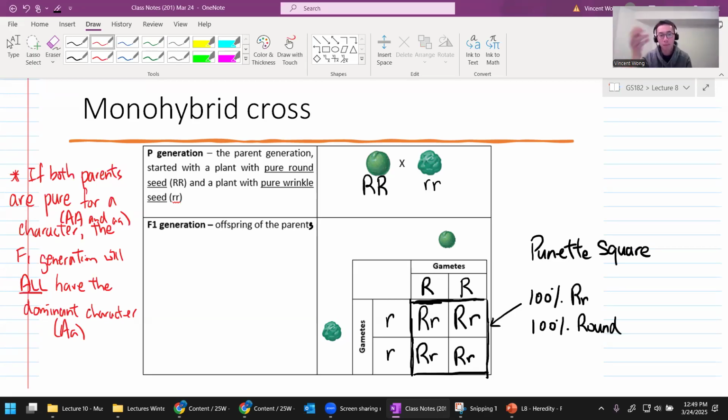It will always show up. All right. So freckles, no freckles: all the kids have freckles. What does it mean? It means freckles is dominant over no freckles. That's the point I'm trying to get across. Okay. Questions?